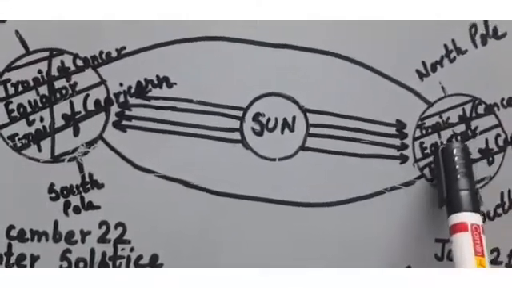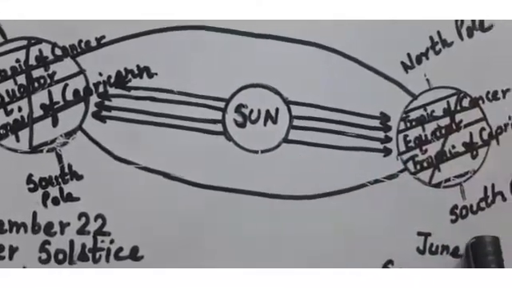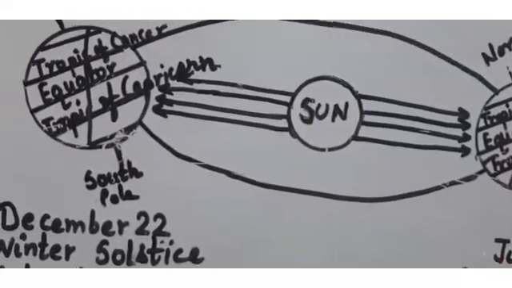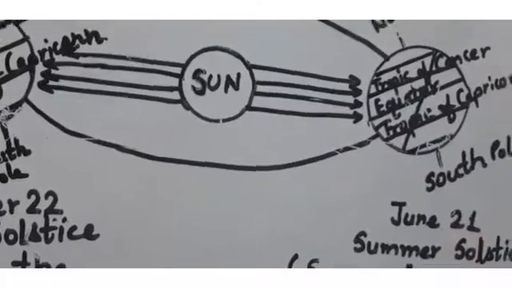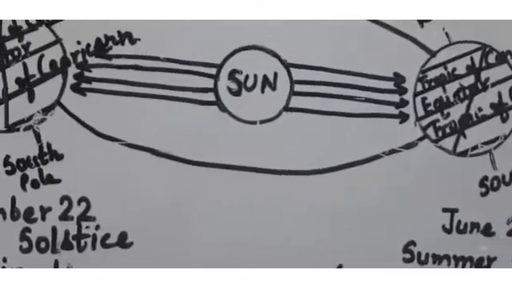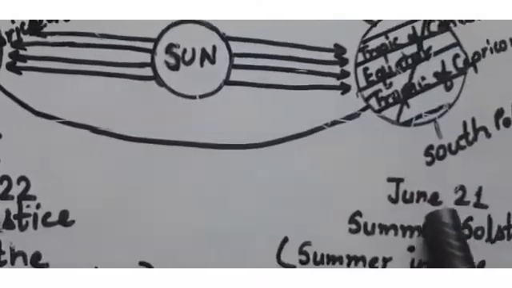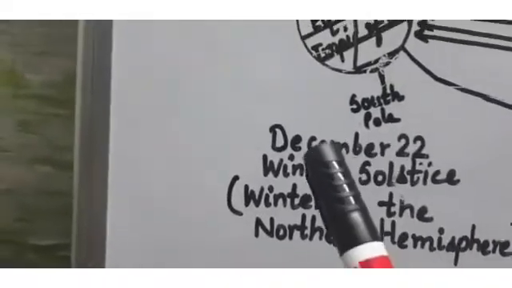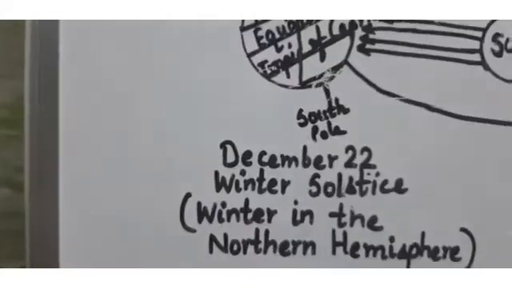This moment is called solstice. Solstice happens twice in a year. One is on June 21, which is known as summer solstice, and the other is on December 22, which is known as winter solstice.